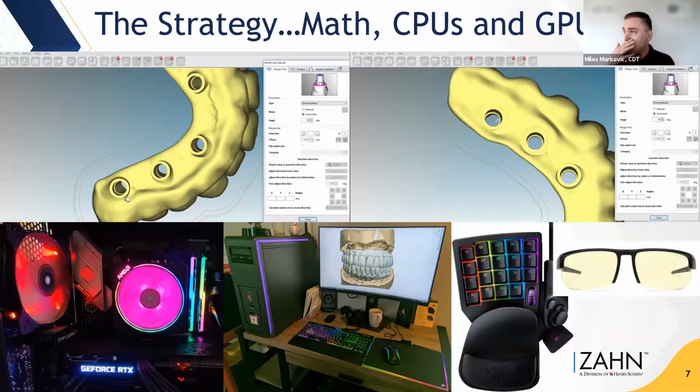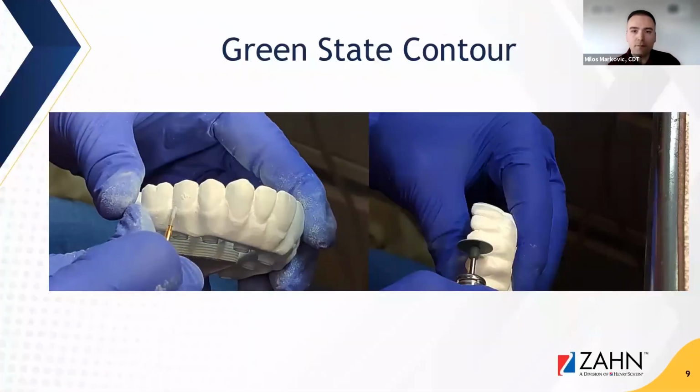For example, if you take Mailbox 3D, some of those pieces of software look simple because they have a very simplified interface, but actually in the background a lot of the math and calculation is happening because they have it streamlined for a lot of things today, like angular screw channel and milling out the details, and really having the ability to recognize all these different restorations that you're throwing in: bar, abutment, screw retained, regular crown with a screw channel, a bridge. It's gotten really, really good, and it's made our lives easier.